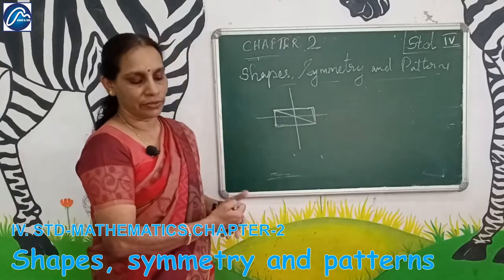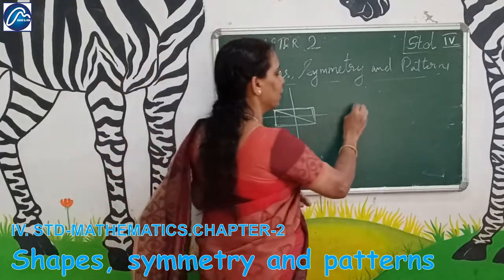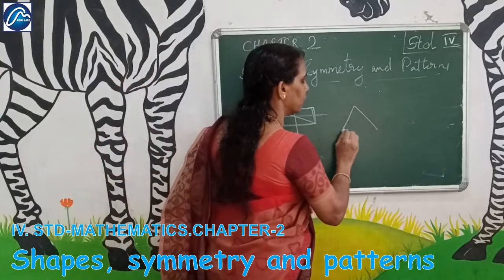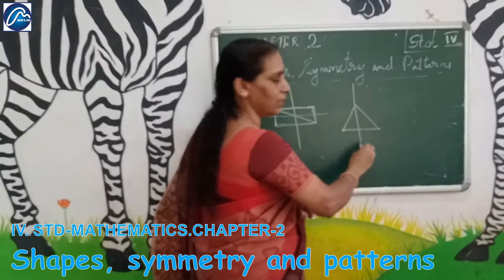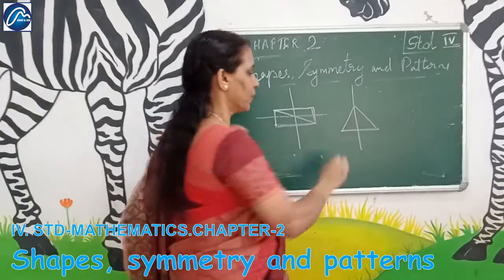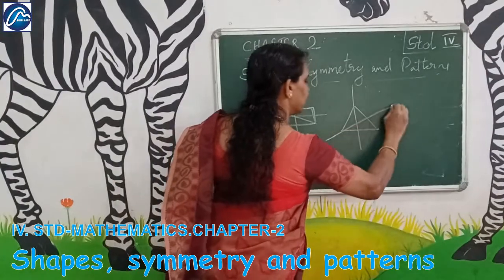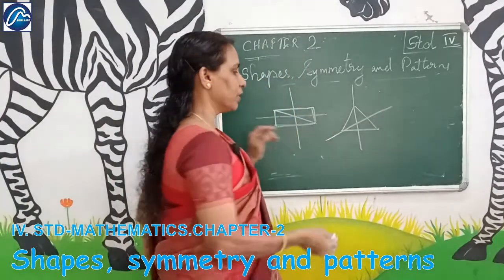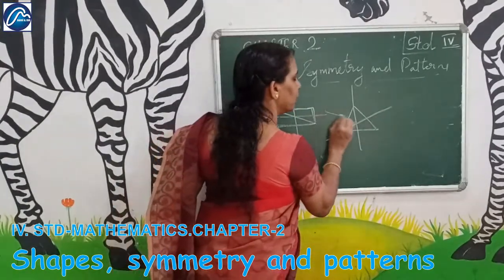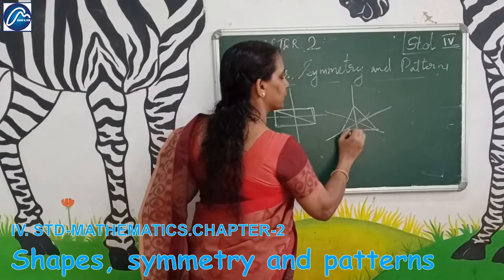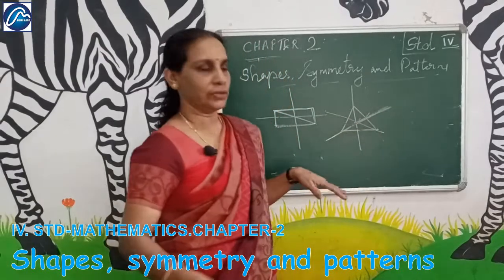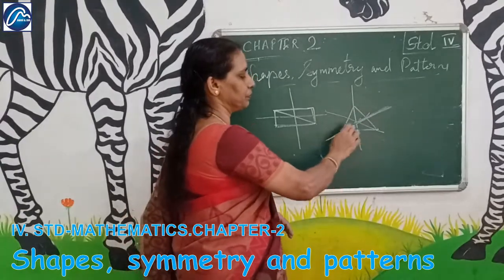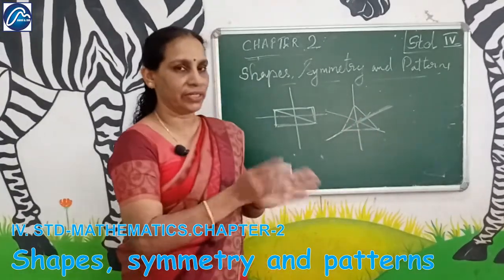If it is a triangle, also you can draw a line of symmetry. In the triangle, there is a line of symmetry here, and here also a line of symmetry. It's the same idea. That is a reflected image.